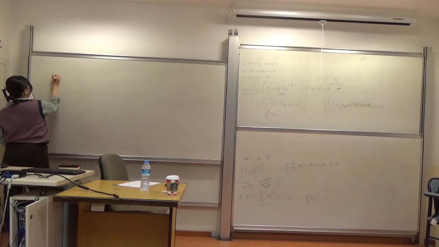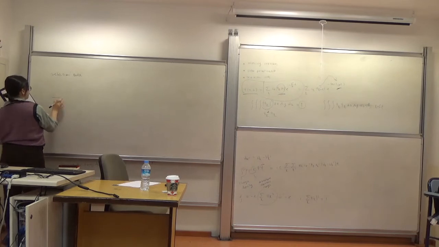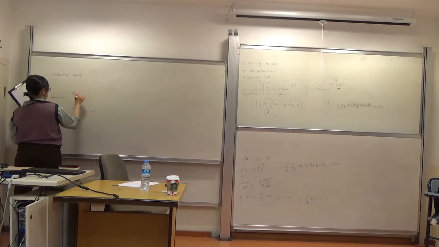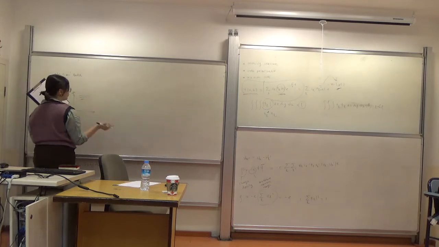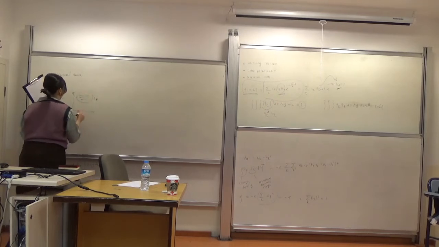Selection rule is, I said that the p orbital has one energy level, and with the magnetic field's influence, it now has 3 energy levels.